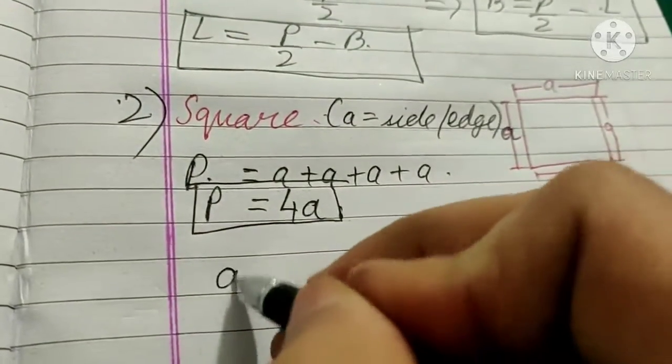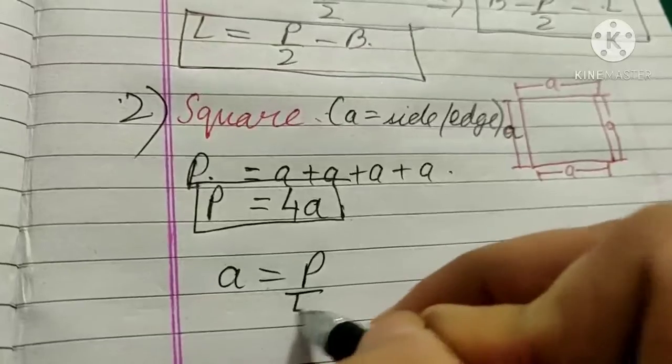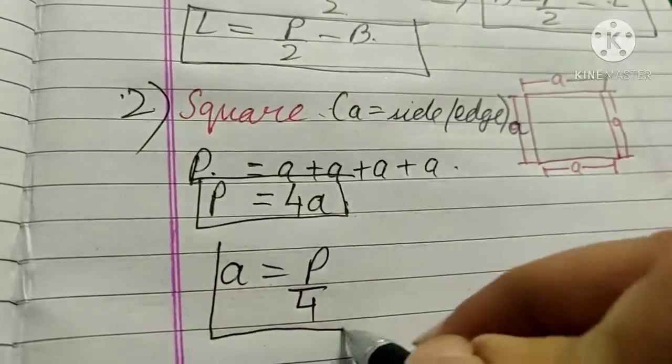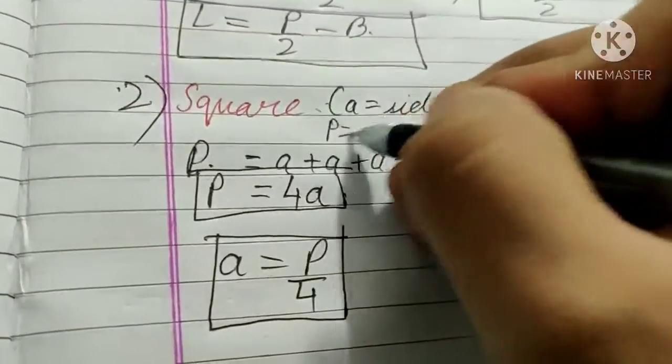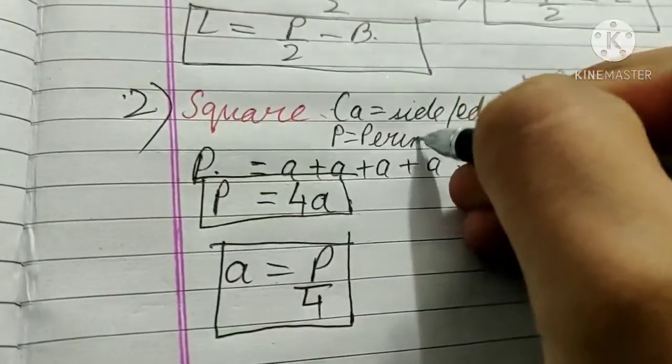If you have to calculate the value of A, it will be P by 4, where P stands for perimeter.